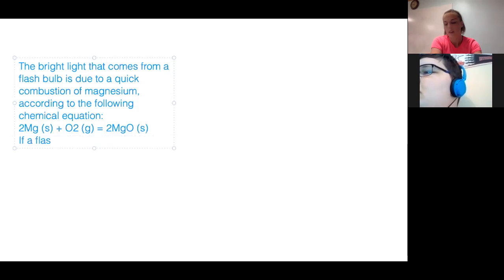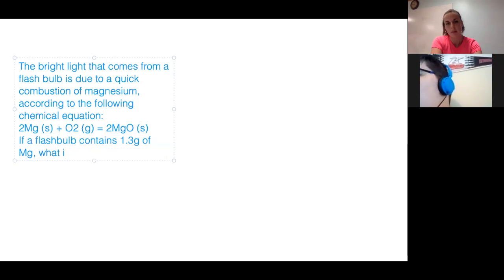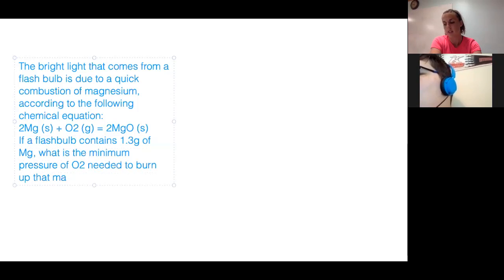If a flash bulb contains 1.3 grams of magnesium, what is the minimum pressure of O2 needed to burn up that magnesium in the flash bulb, which has a volume?